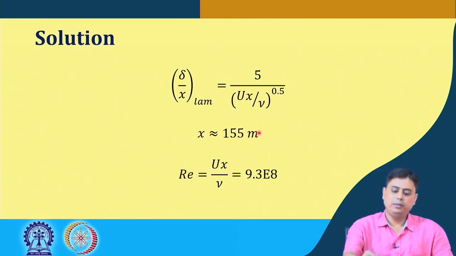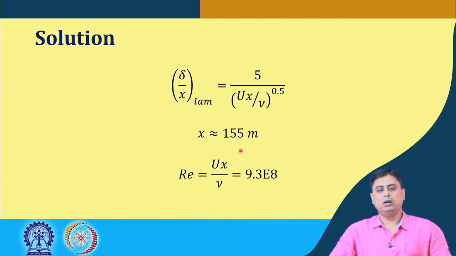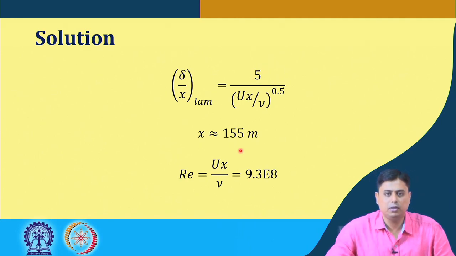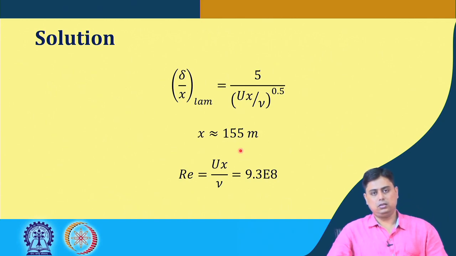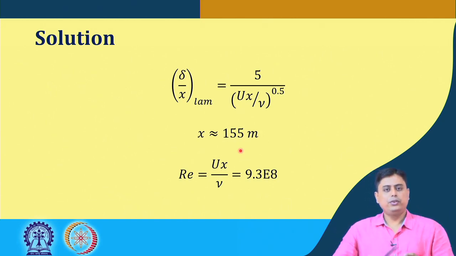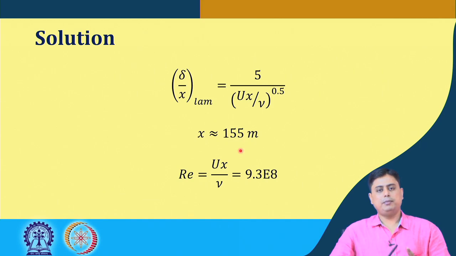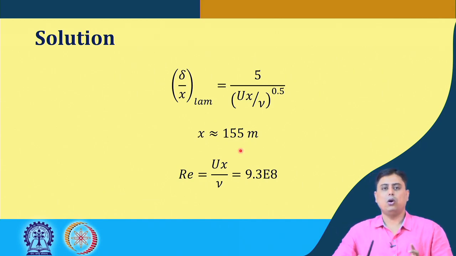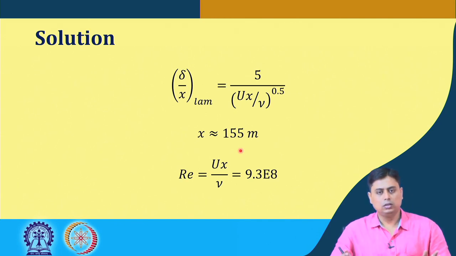If we replace these values and calculate for x, we get a value of 155 meter, which means that if we assume laminar flow, it requires a 155 meter long plate, which is absurd or illogical. So, what should be done here?